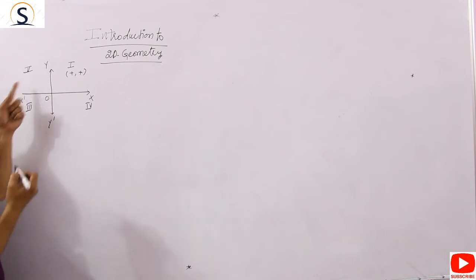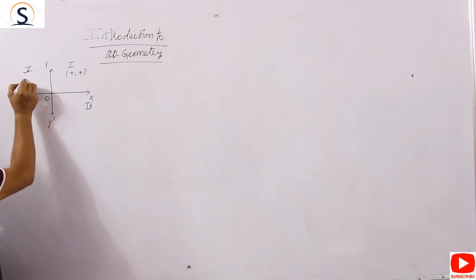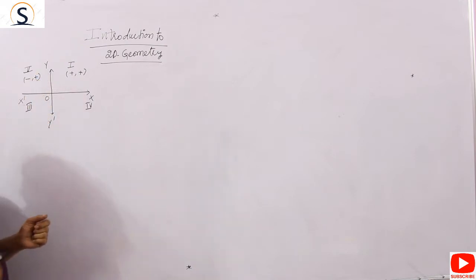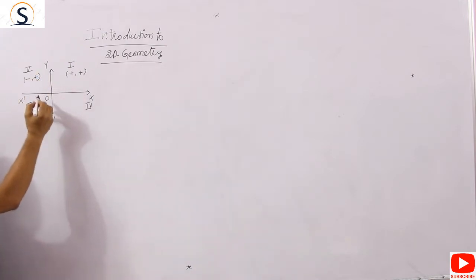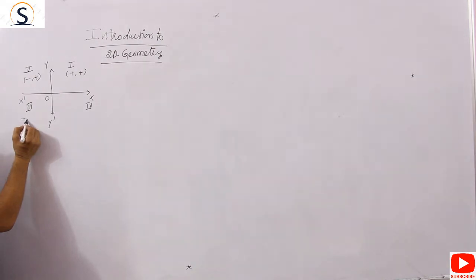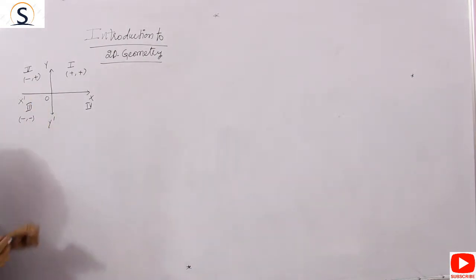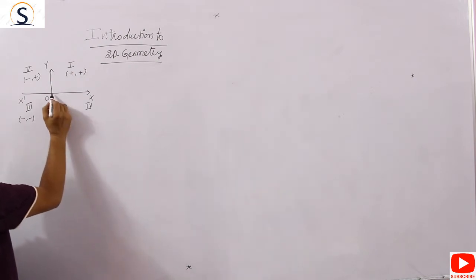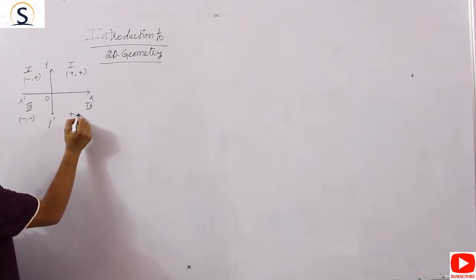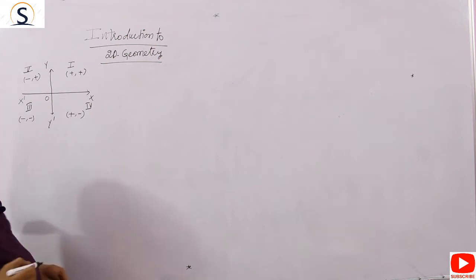In the second quadrant, x is negative and y is positive. In the third quadrant, it is minus minus, because negative x, negative y. In the fourth quadrant, positive x and negative y, this is plus minus.